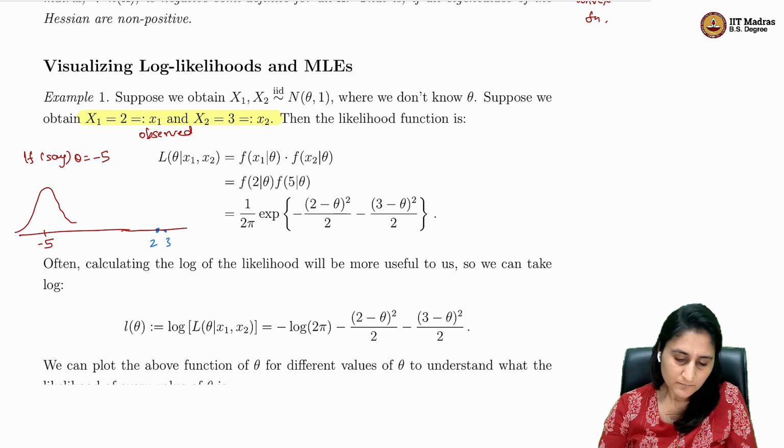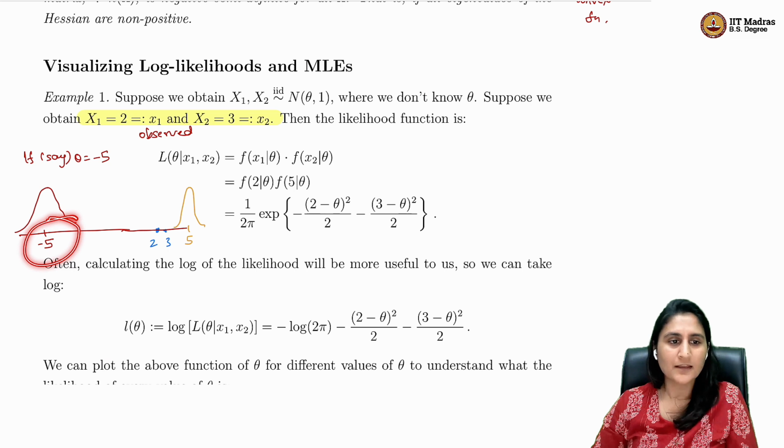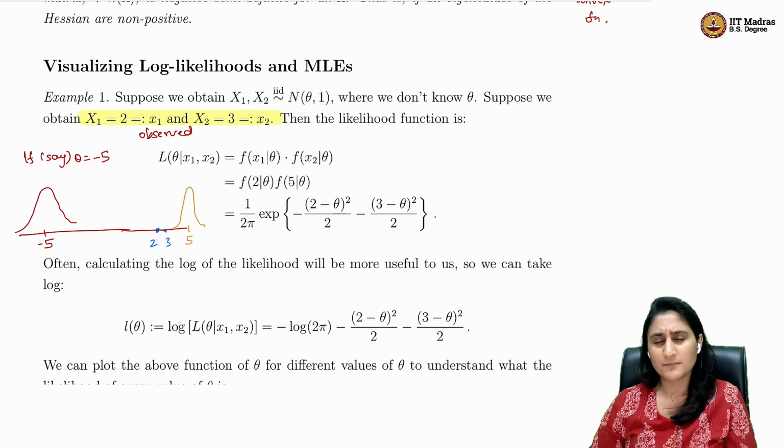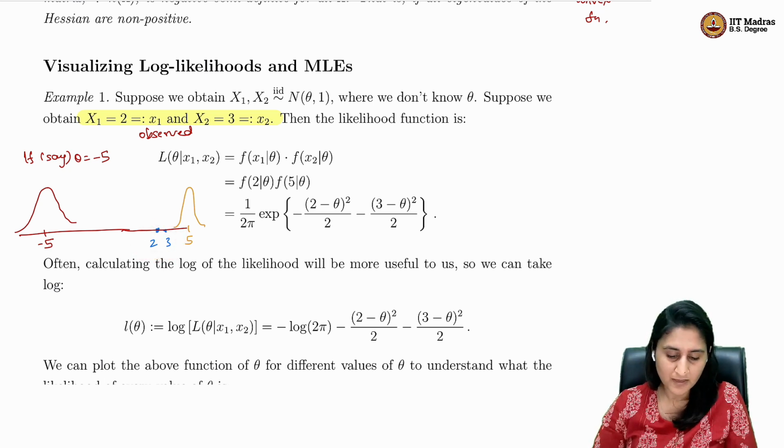Well, so let's say I consider theta equal to 5. Well, that seems certainly more likely than theta equals -5, because if theta is equal to 5, then yeah, it's possible that 3 and 2 are actually generated draws or actual real data from a normal 5,1 distribution.